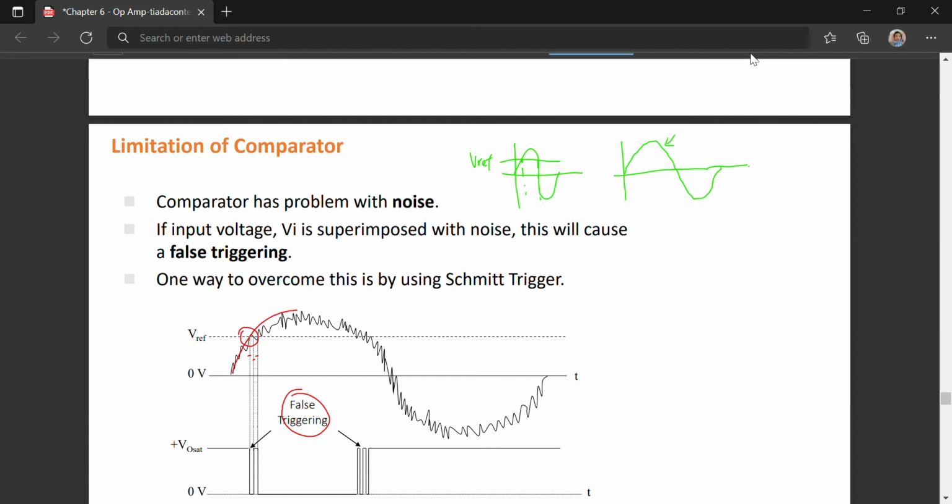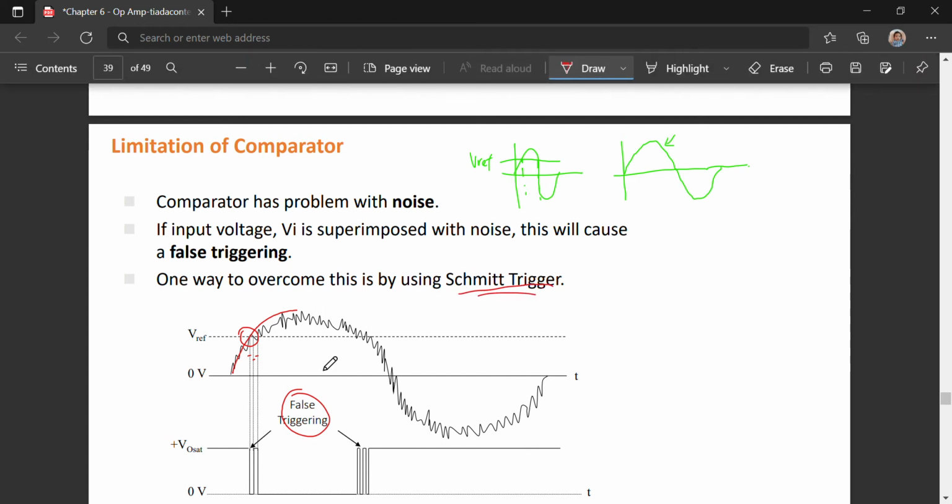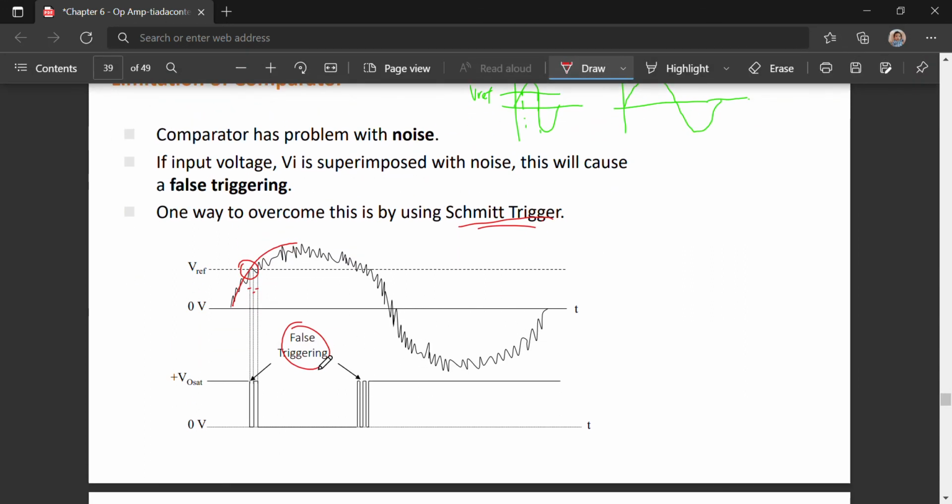Okay, there is one way to overcome this, by using a Schmitt trigger. So what happens if we have false triggering? False triggering means it triggered a false signal. Your intention is to have a smooth input signal, but in reality the input signal is not smooth, so it will create a false triggering of the output signal.